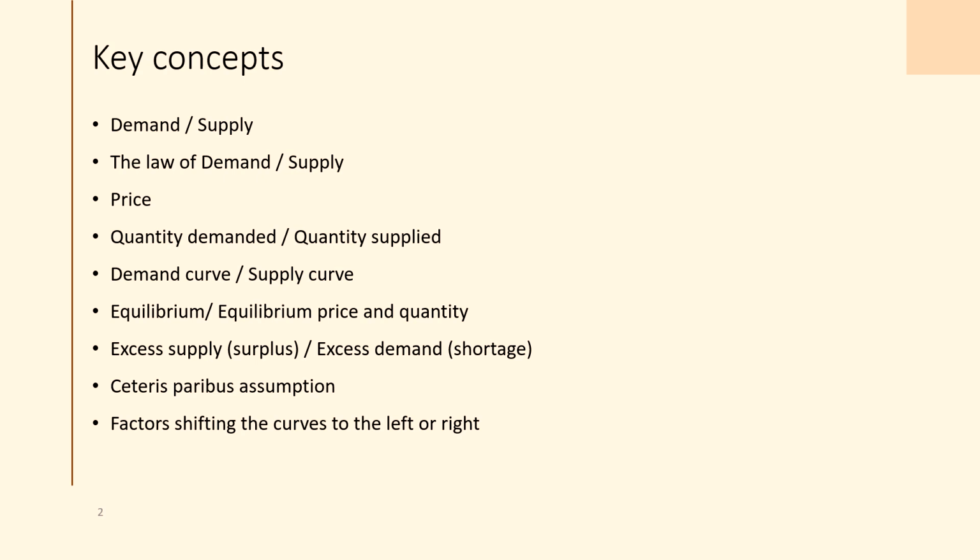We also study situations where the market is not in equilibrium, such as excess supply, also known as surplus, and excess demand, also known as shortage. Finally, we will discuss the ceteris paribus assumption and the various factors that shift demand and supply curves. These concepts will be used throughout the course, so it's important to understand them clearly.